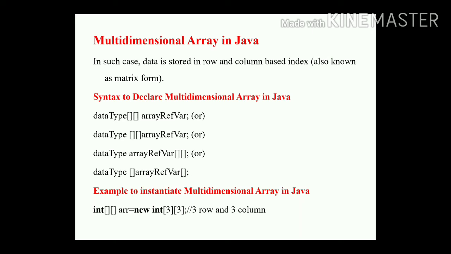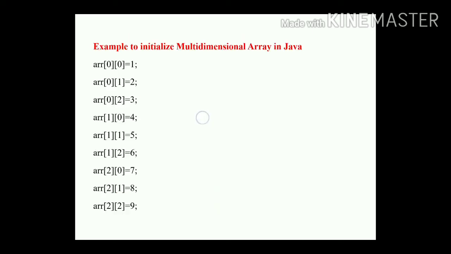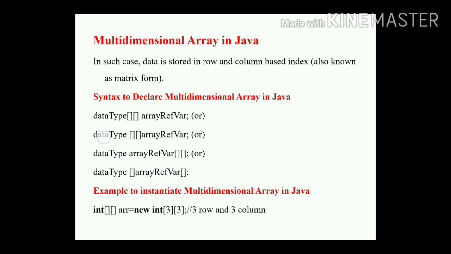Syntax for declaring a multi-dimensional array in Java: data type, then double brackets, because it is a multi-dimensional array. We are going to pass multiple values in an array.